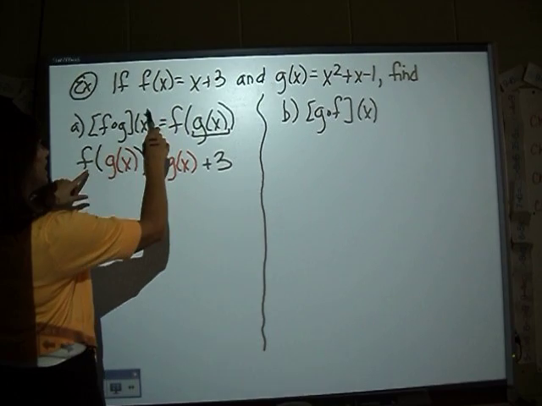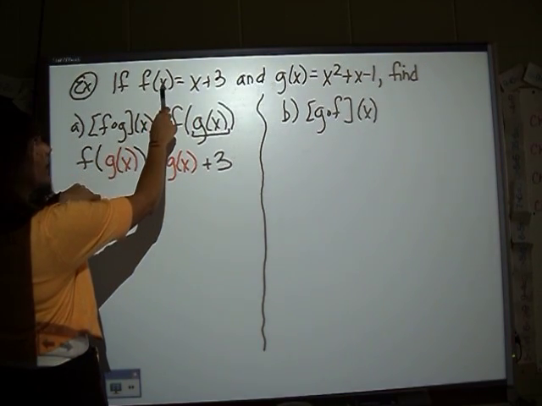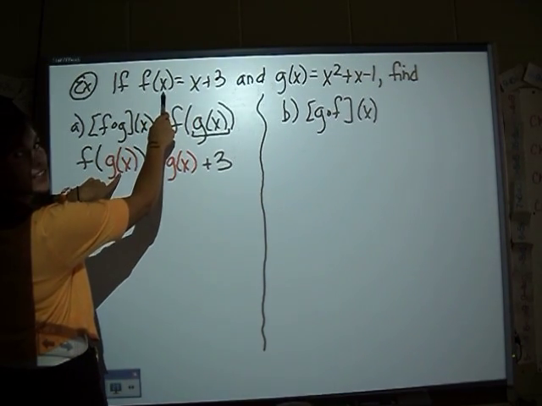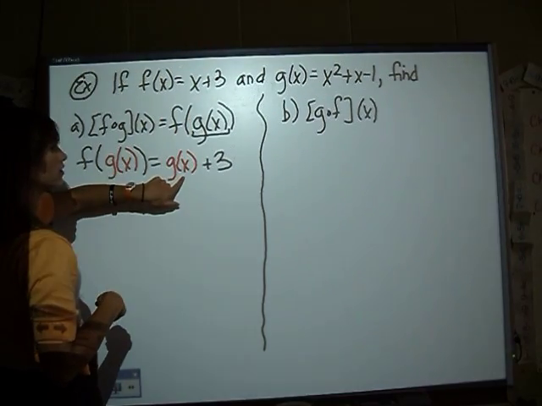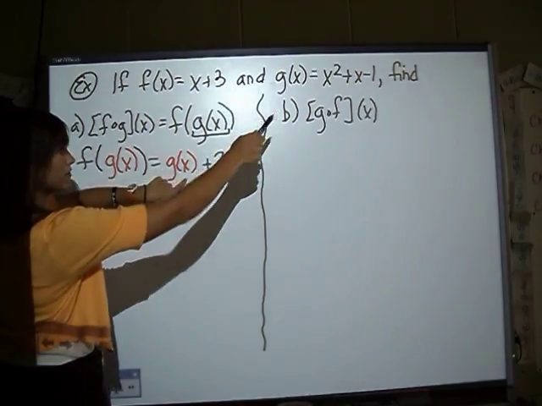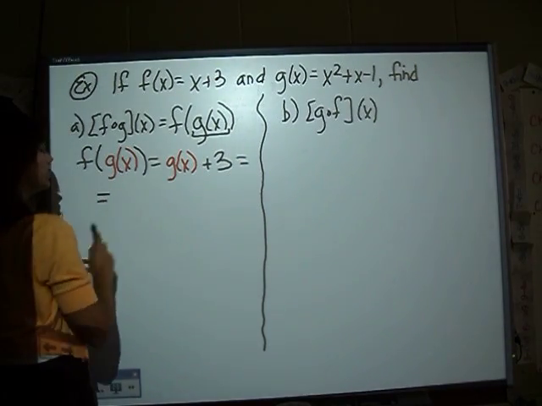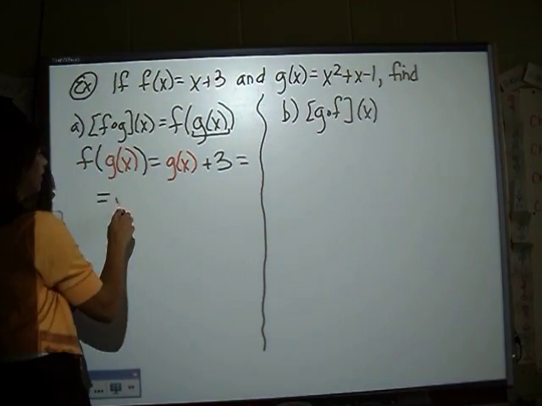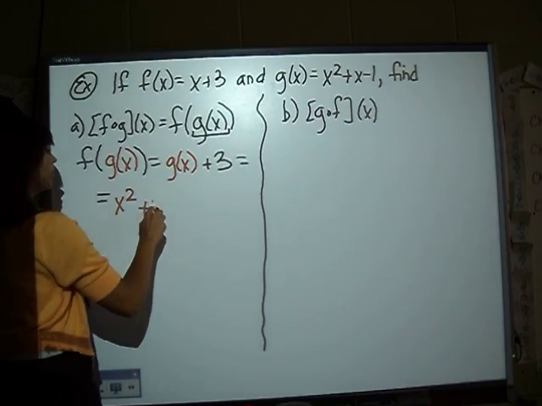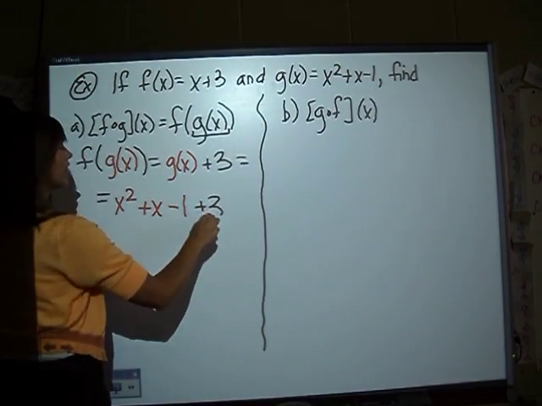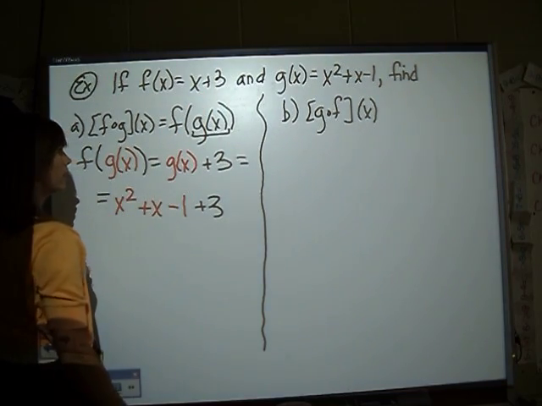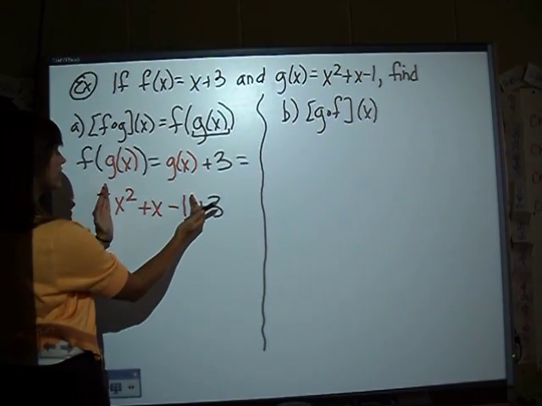Okay, you see that? We're taking our function f, and wherever x is, there's actually a g of x there now. Okay, but we actually have something that g of x equals. g of x equals x squared plus x minus 1. And then we have the rest of our f of x function right here.